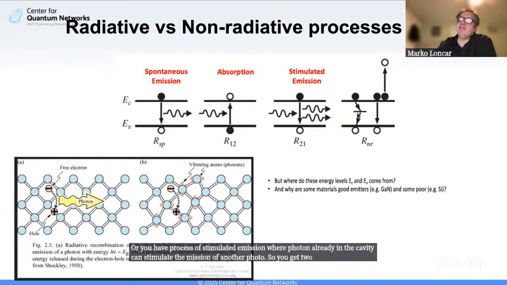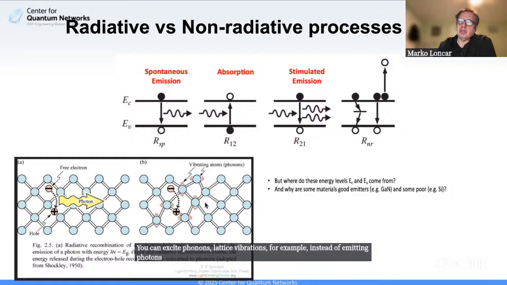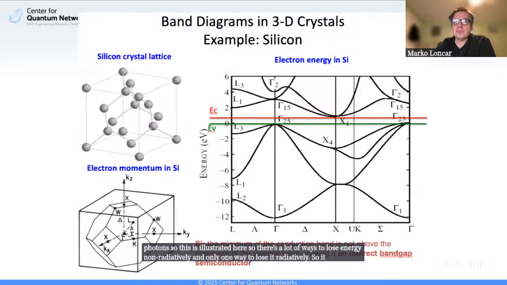And you have non-radiative processes, such as Auger recombination, absorption, defects and many other things. You can excite phonons, lattice vibrations, for example, instead of emitting photons. So this is illustrated here. There are a lot of ways to lose energy non-radiatively, and only one way to lose it radiatively. So it's actually not easy to do.